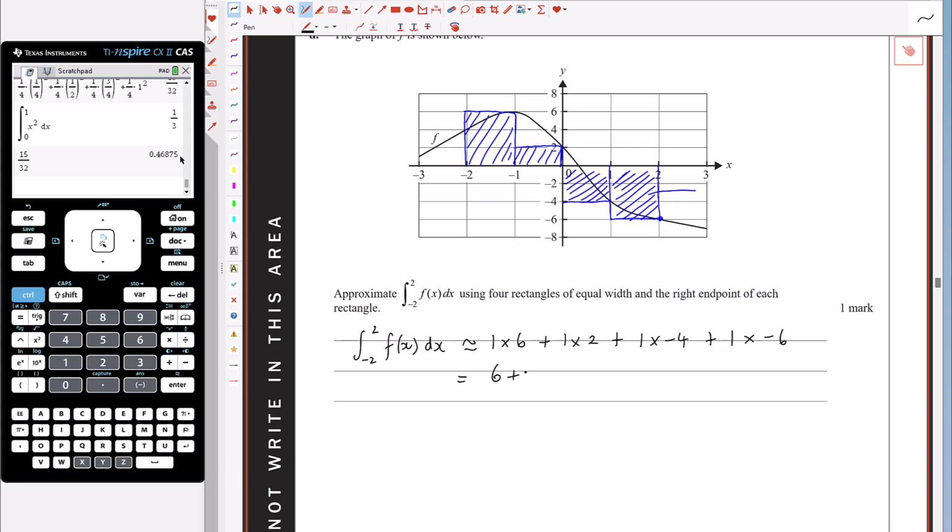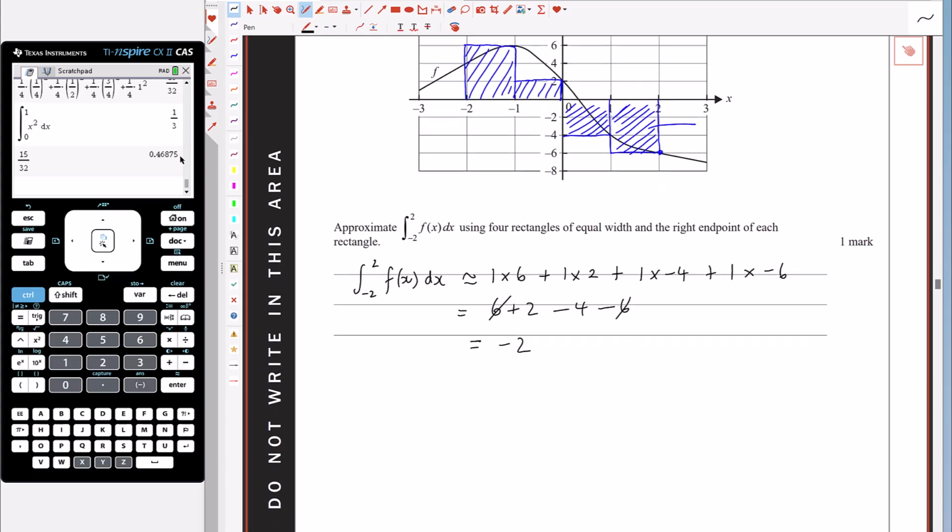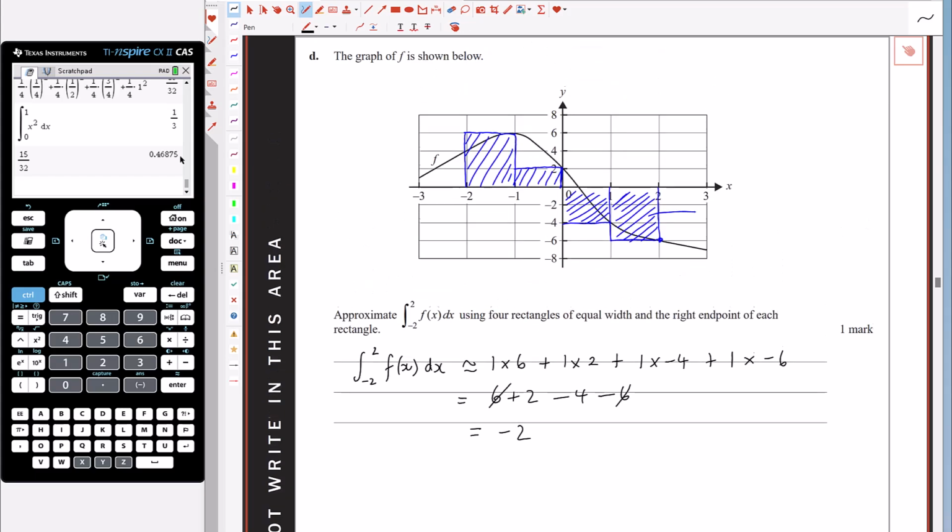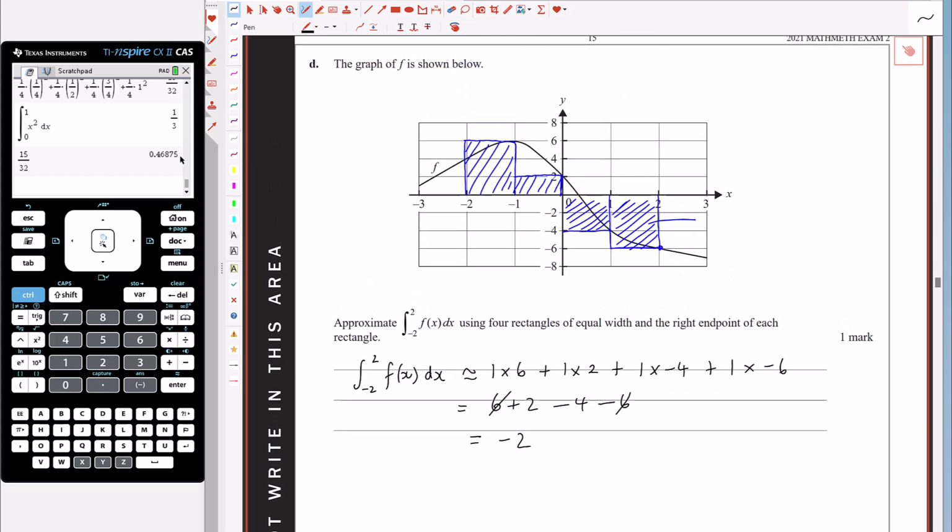So we're going to have 6 plus 2 minus 4 minus 6, so they cancel each other out. 2 minus 4 is -2. And we should be able to confirm, oh, we don't know what this function is, I was going to say. And so that's the approximation using the right endpoint estimate.